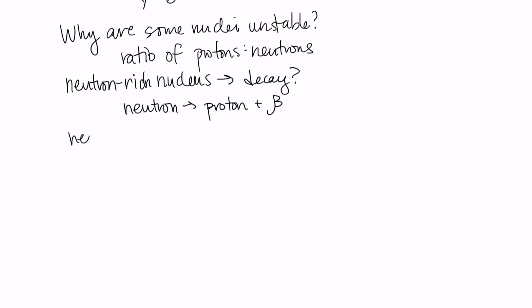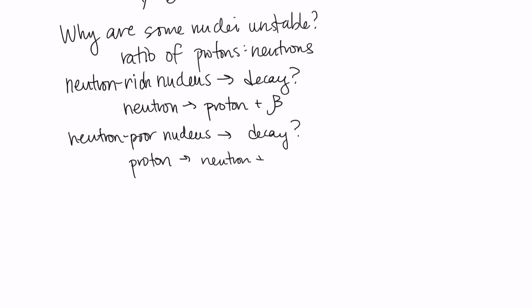What if we have a neutron-poor nucleus? What type of decay would we expect to see then? Well, if we don't have enough neutrons, that's like saying we have too many protons. So we want to turn a proton into a neutron, and that happens when we release a positron.